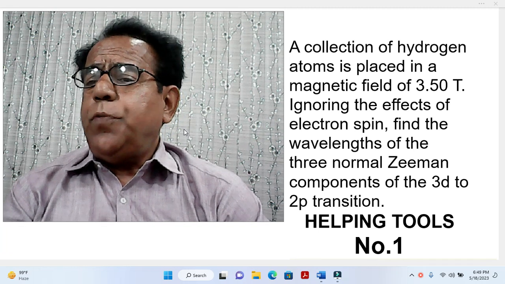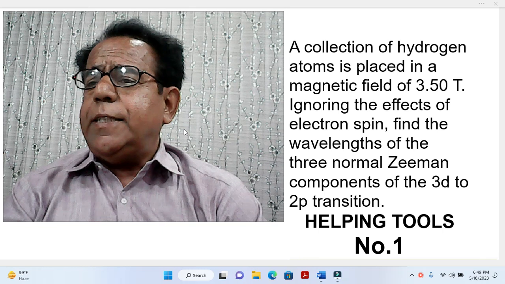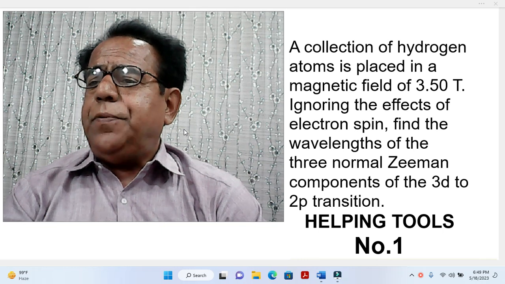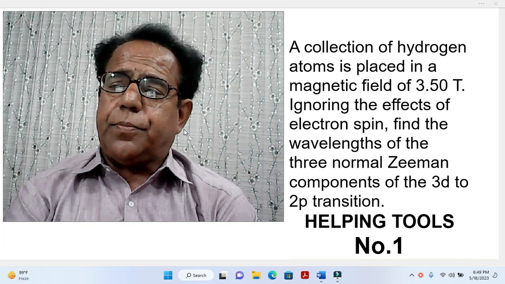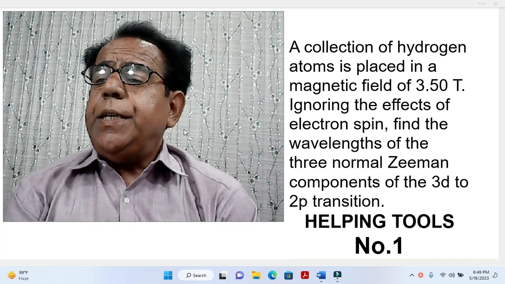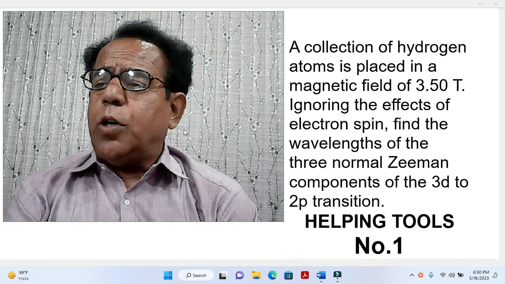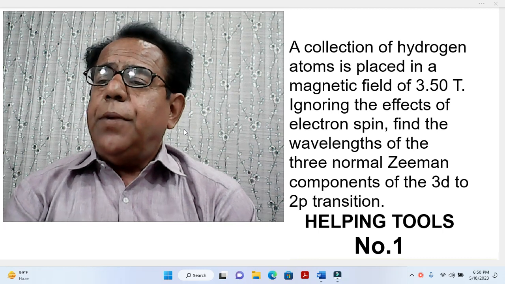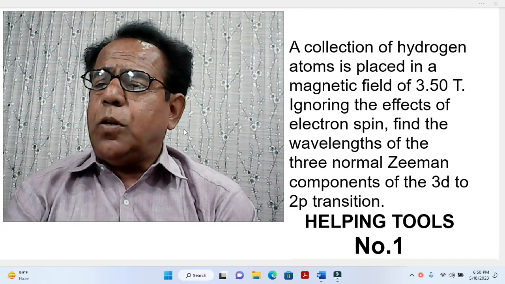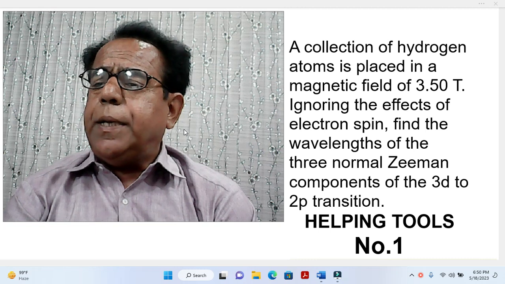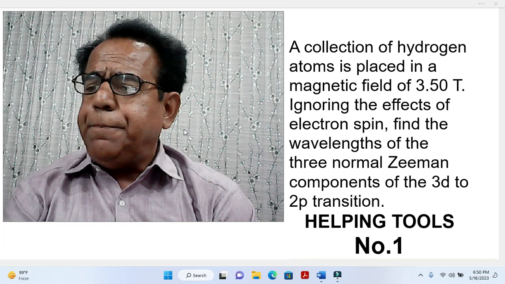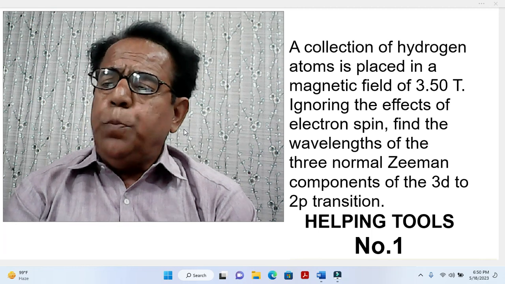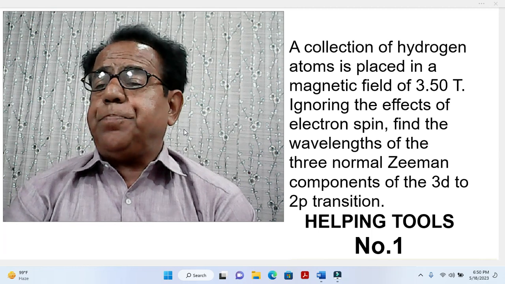A collection of hydrogen atoms is placed in a magnetic field of 3.50 Tesla. Ignoring the effects of electron spin, find the wavelengths of the three normal Zeeman components of the 3D to 2p transition.